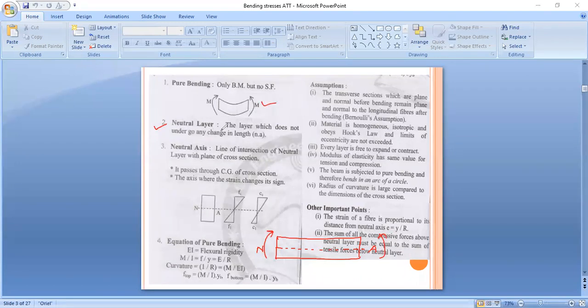Now, neutral layer means the layer which does not undergo any change in length. So in that layer the length does not change. For that I will draw a figure here also for this bending. This beam bends likewise.